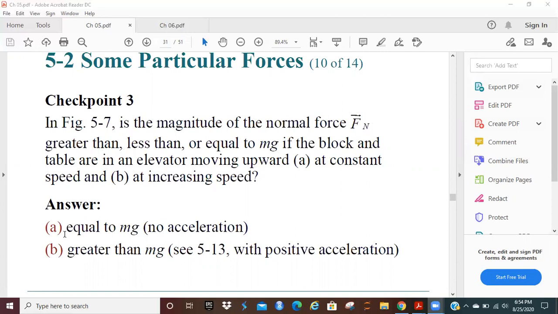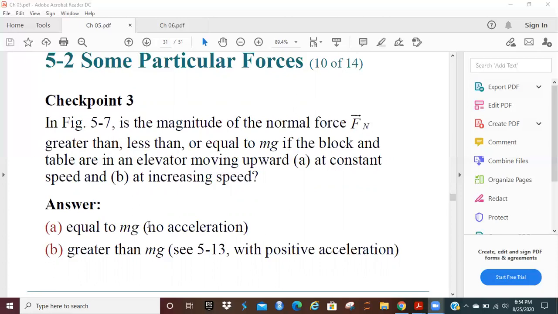If it's moving at a constant speed, it would just be equal to the mass times the gravity. Because again, the constant speed means what? There's no what? There's no net force. Well, there's always a net force, but there's no acceleration.